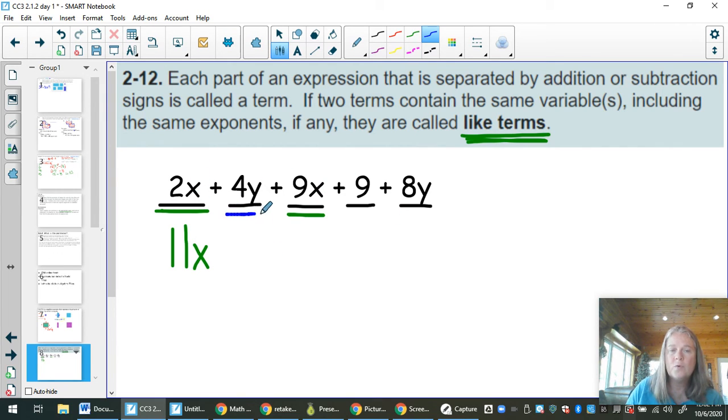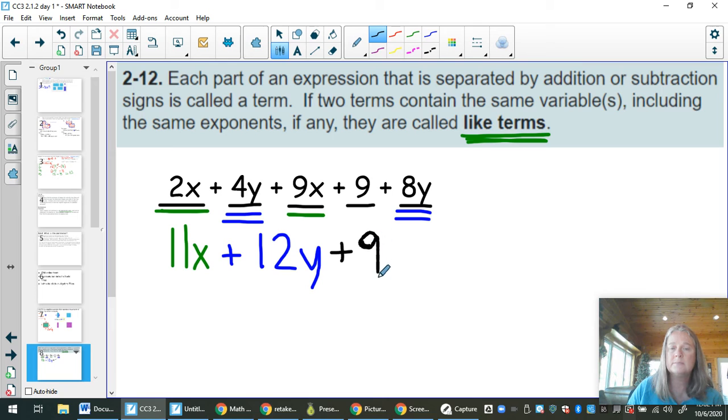I can do 4y's and 8y's and add those together, and I get 12y's. And then the last piece was just a regular old 9. There's nothing left to combine it with, so I do plus 9. Again, the order doesn't matter at this point. You could say 12y plus 9 plus 11x. As long as you have those 3 pieces, your answer would be correct.